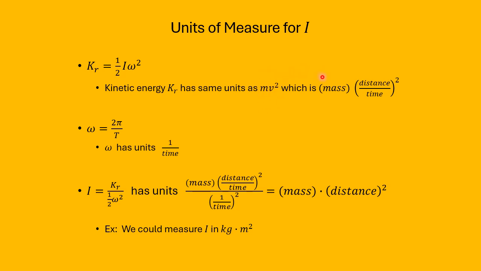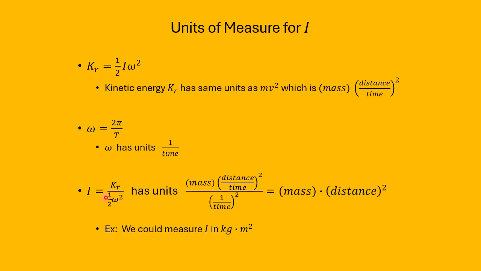And so that would be mass, and then velocity is distance divided by time. And since we have a square here, we have a square here. So what we could say is if we have omega equal to 2 pi over T, where T is time, then omega has units 1 over time.